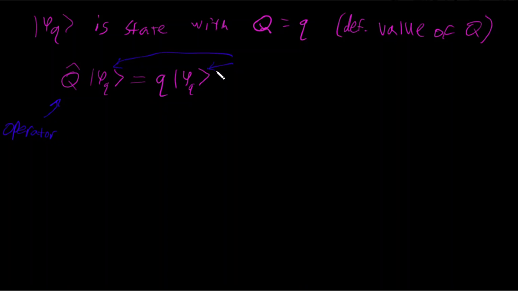These are our eigenvectors. And because they're also state vectors, we'll also call them eigenstates. And this is our eigenvalue.